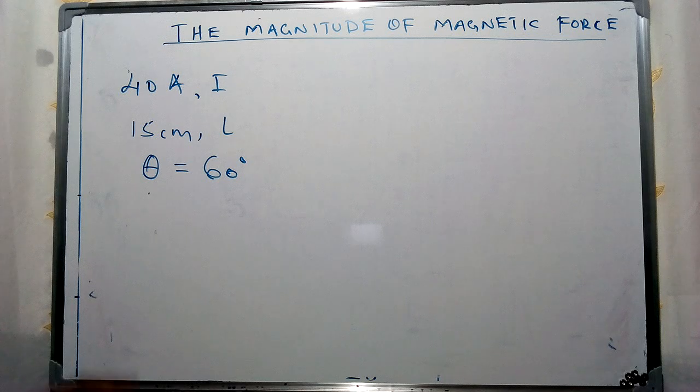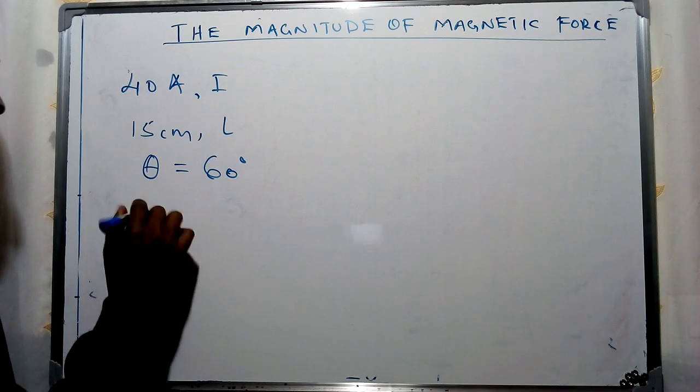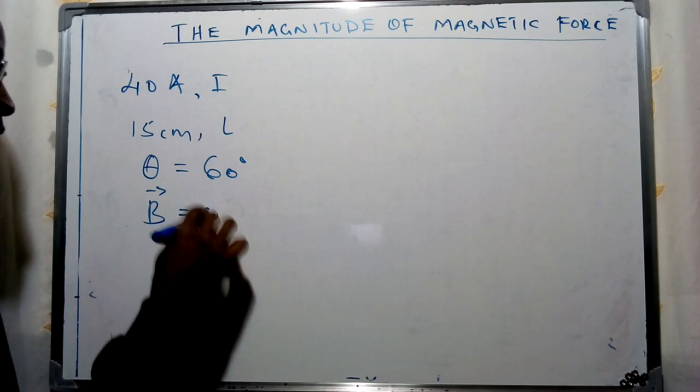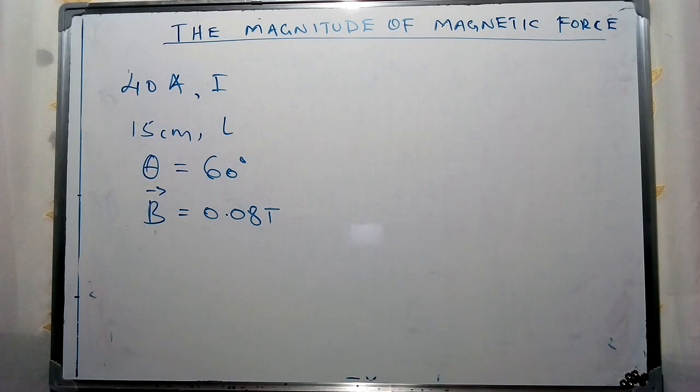The magnetic field is uniform at 0.08 Tesla, so we have the magnetic field B equivalent to 0.08 Tesla, and we are required to calculate the magnitude of the force in the wire.